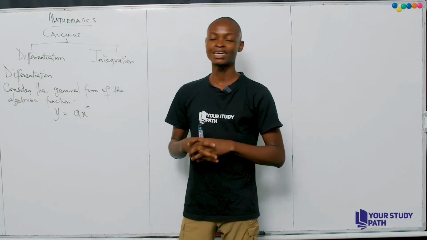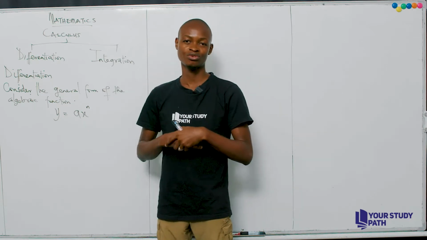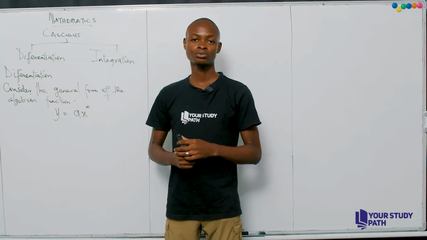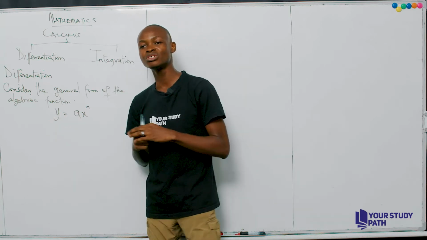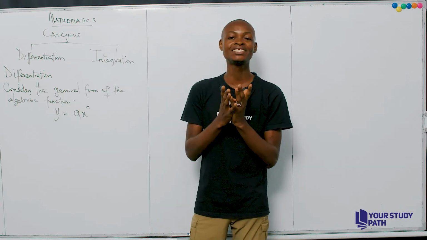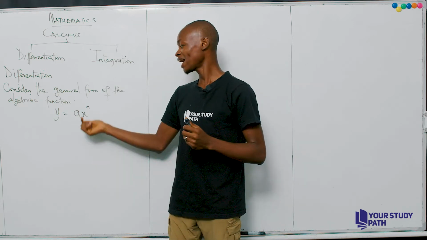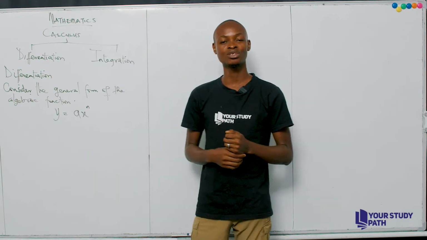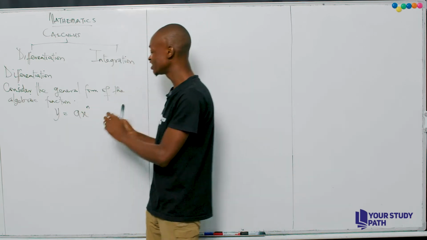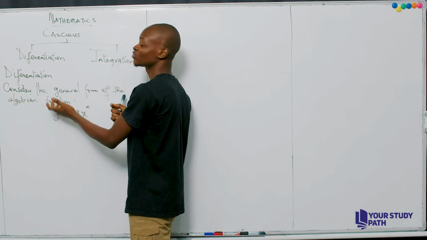Another way to look at it is that the dependent variable is always that variable that has been made subject of the formula, which means that variable that is standing alone. The independent variable is the variable that is necessary in order to find that variable that has been made subject of the formula. So x in this case is an independent variable because the values you feed in for x will be used to find the corresponding values for y.